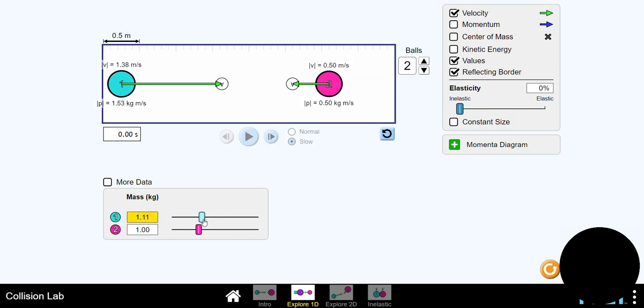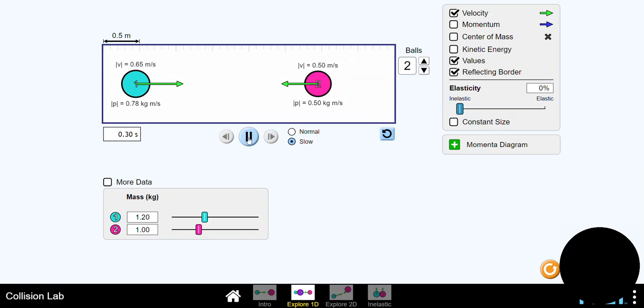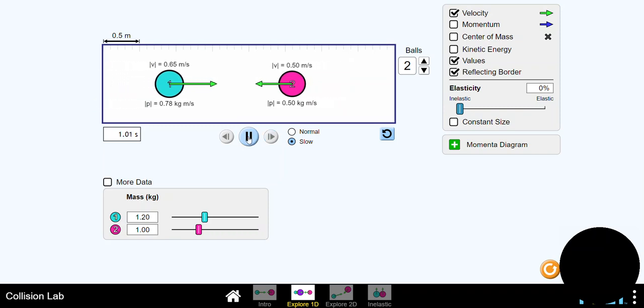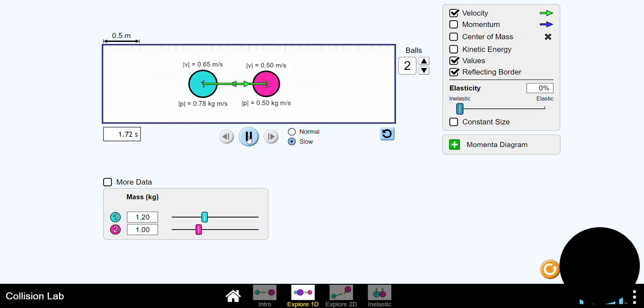Let us use pretty similar masses, and not very different velocities, and let us have the collision. Now it's going to be a completely inelastic collision. You can see how after the collision the bodies stick together, right?